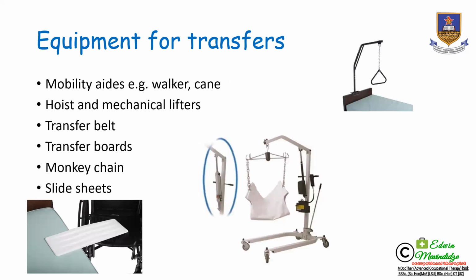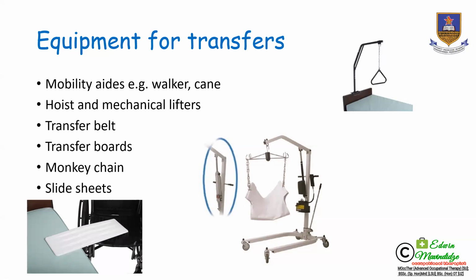Okay. Then there are a range of equipment that you can use that help in making transfers or movement from one surface to another. These include your basic mobility aids like your walkers, your crutches, your canes, etc. Then you can use what we call hoists or mechanical lifters. That's the picture that you see here with a small bag and a machine.